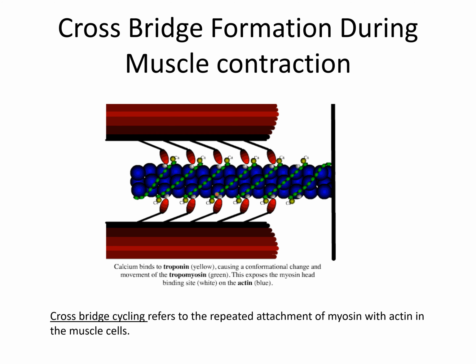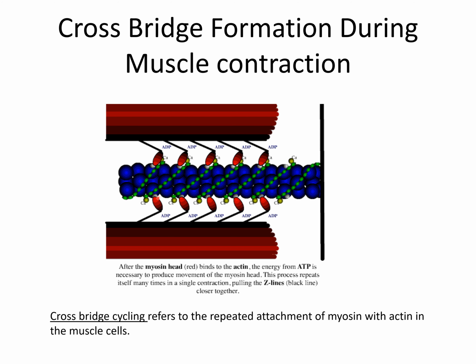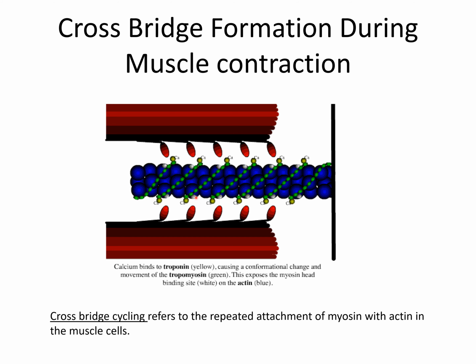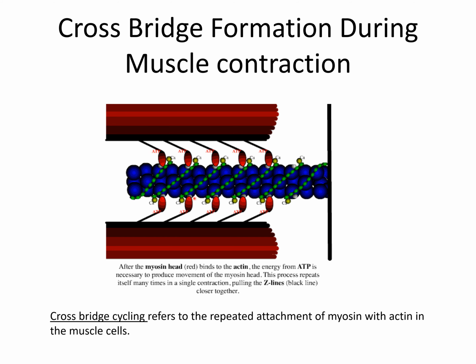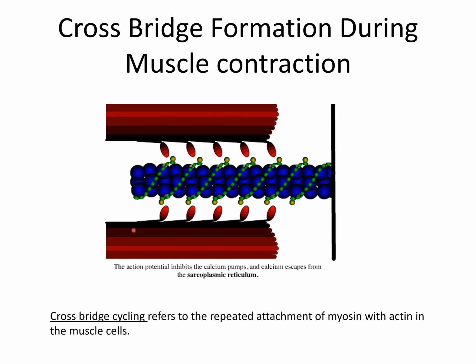The myosin head binds to the active site of the actin filaments and pulls the actin. So let's look again. Calcium binds, tropomyosin releases the active site, and the active site is exposed. The myosin head binds to the active site and pulls on the actin to cause contraction. This formation between the actin and myosin is called the cross bridge formation.